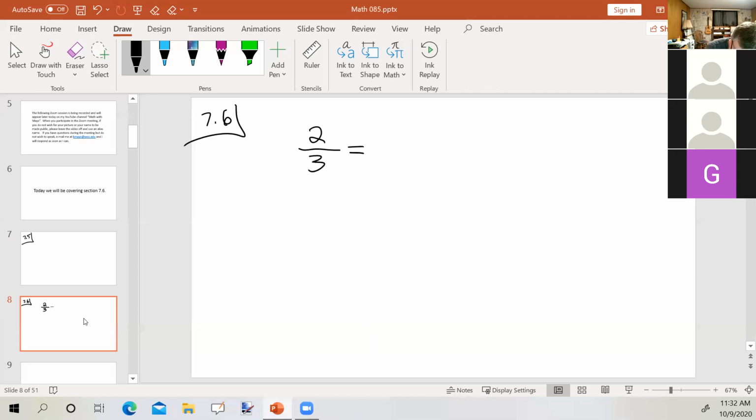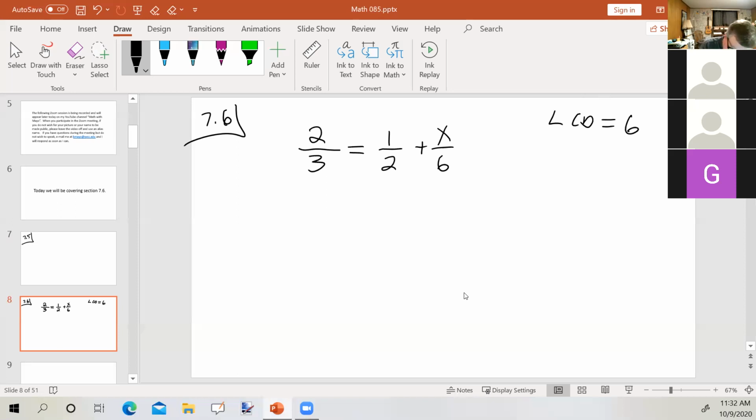2/3 equals 1/2 plus x over 6. All right. So the denominators are 3, 2, and 6. What is the LCD? 6. 6, correct.